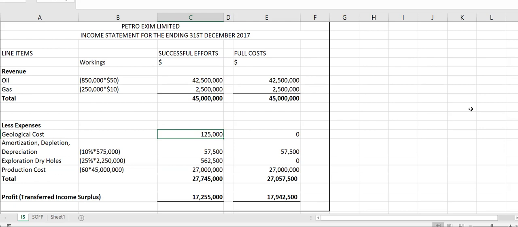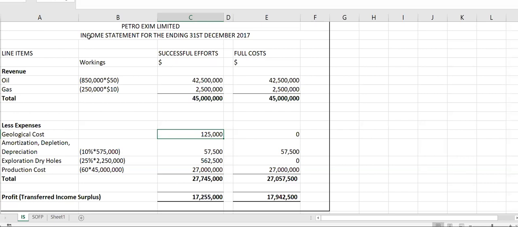Whenever you are solving a computation question, if it involves a scenario like this or an assessment of tax, those kind of things relating to a corporate entity, always bring the name of the company, then the requirement that you are being asked. This one is we are preparing the income statement and then the SOF.